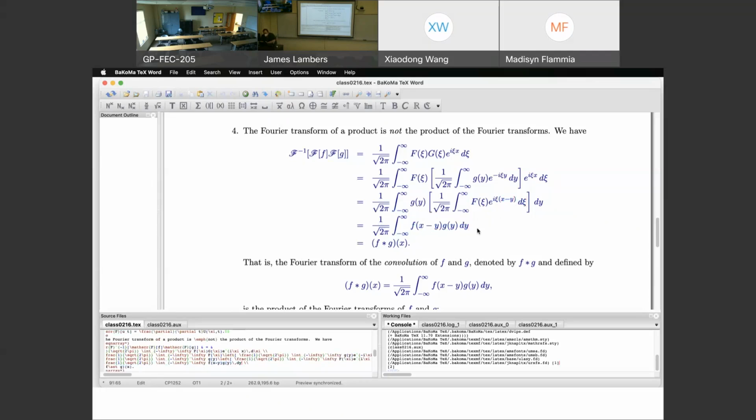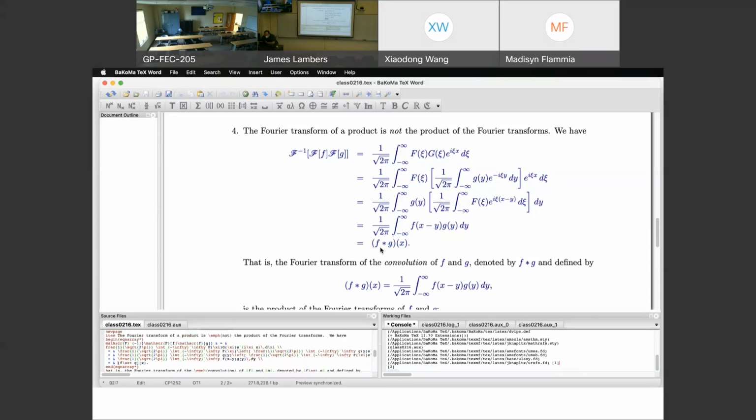So we're able to express the inverse transform of the product of the transforms of little f and little g in terms of little f and little g, but it's this operation that's applied to them. And this is called the convolution of f and g. This is one way of writing it: f star g, not to be confused with multiplication.